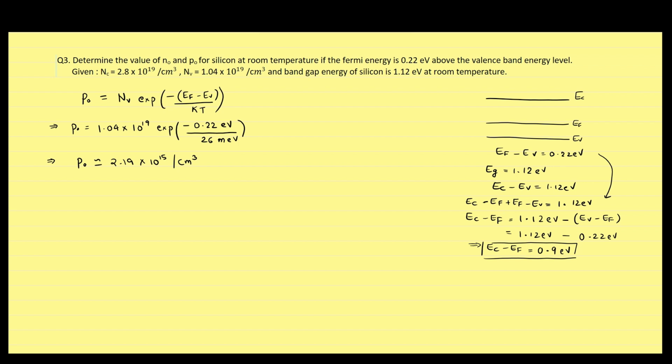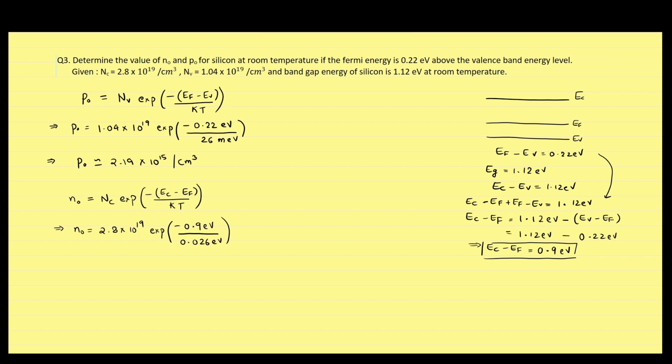Similarly, for n naught, we have the formula effective density of states in conduction band multiplied by exponential minus EC minus EF divided by kT. kT at room temperature is 26 milli electron volt, which can also be written as 0.026 electron volt.